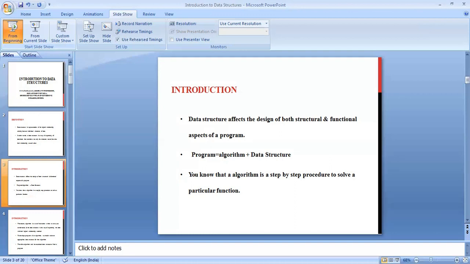Here we retrieve the elements of an array. For example, writing an array. You can read the value with the help of the scanf statement, and you can print the values with the help of the printf statement. Okay, so in this way you can do a lot of things.